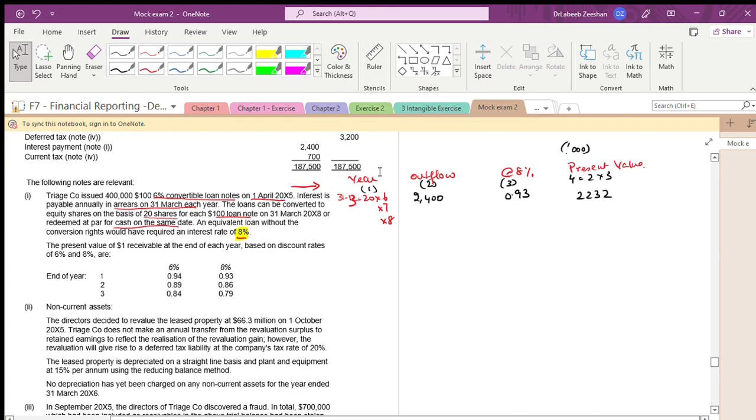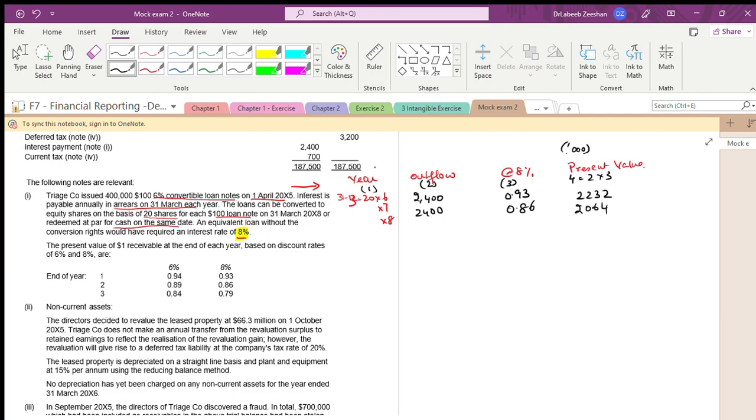In the second year, 2400 at 0.86 is 2064. Third year, how much will there be? 24 plus 100. Alhamdulillah, you are smart.